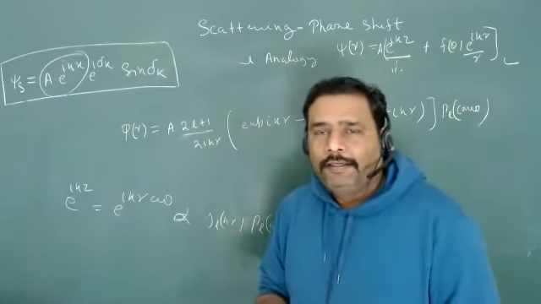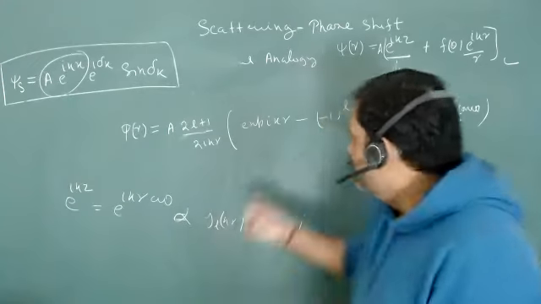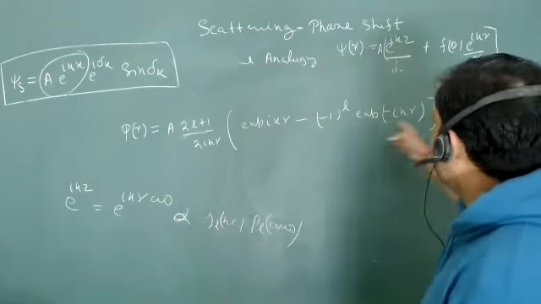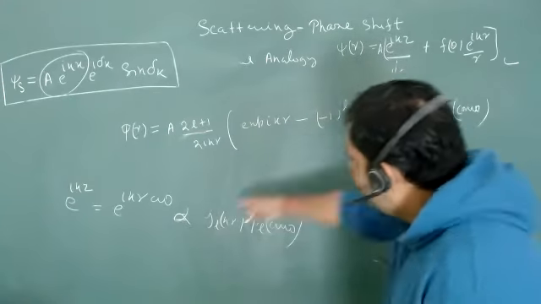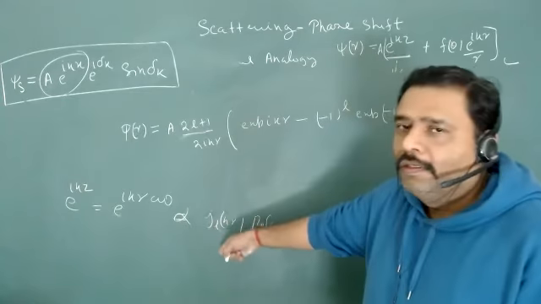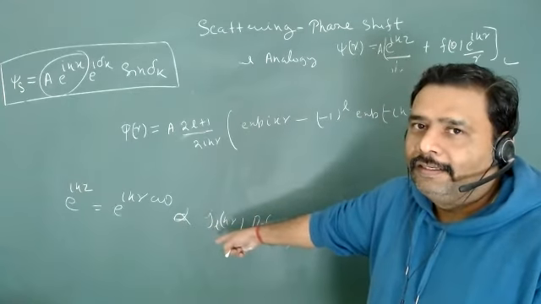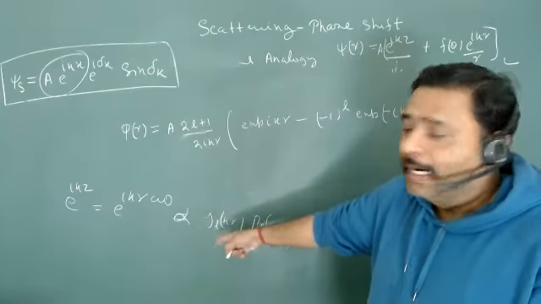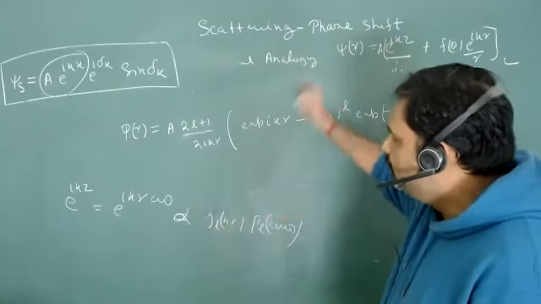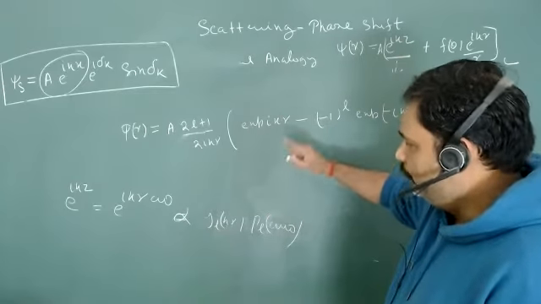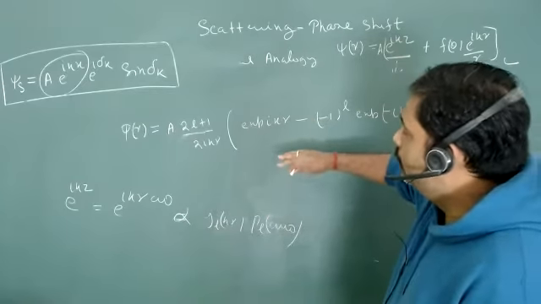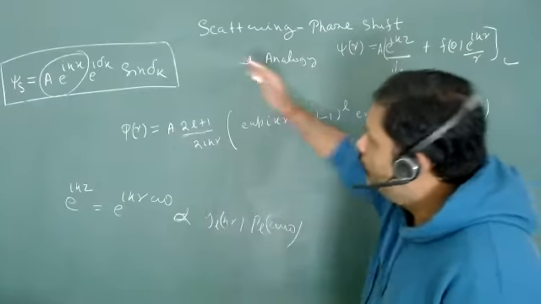Are you getting my point? And now you can see there is a function of sine. So this is somehow an approximation of JL kr. And now you can compare it with your one-dimensional thing.